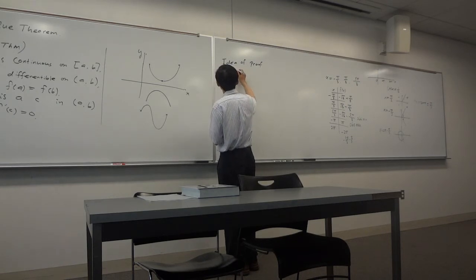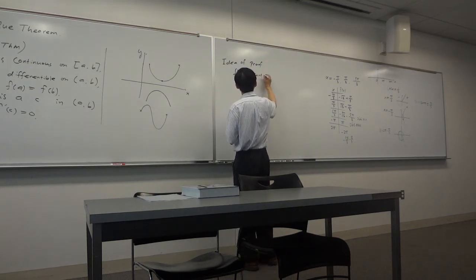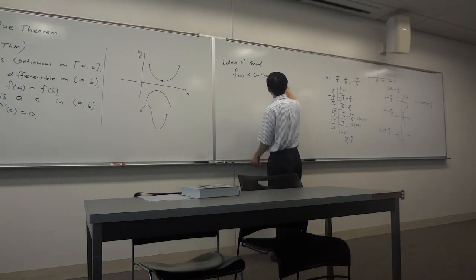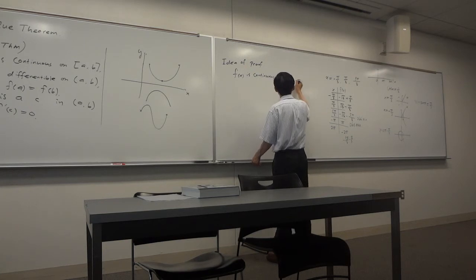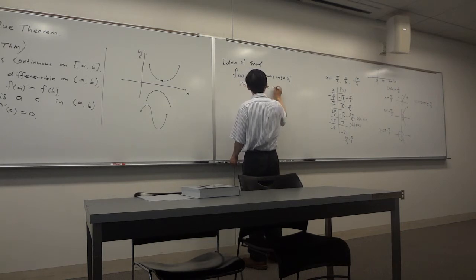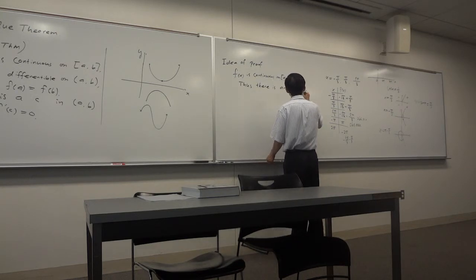So f is continuous implies there is an absolute maximum on a closed interval. Therefore, you can take a minimum if you want.